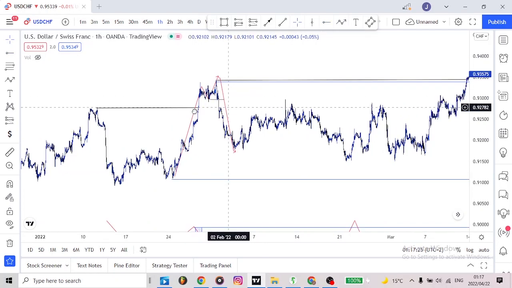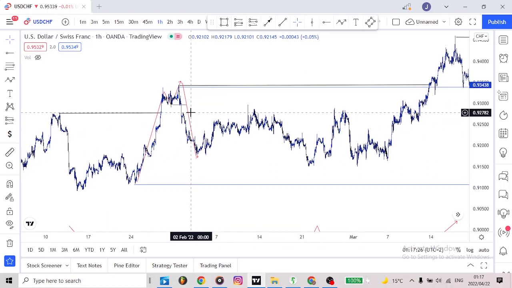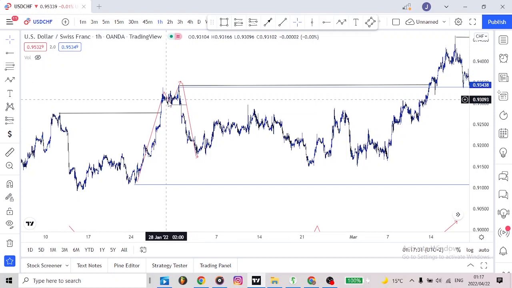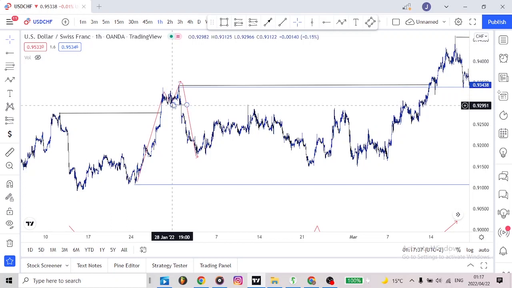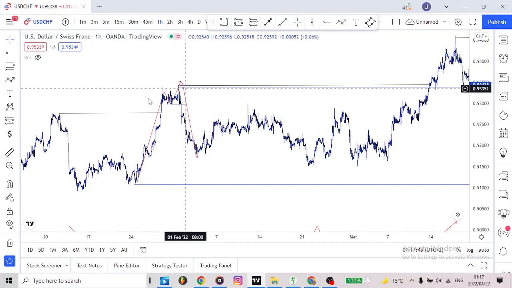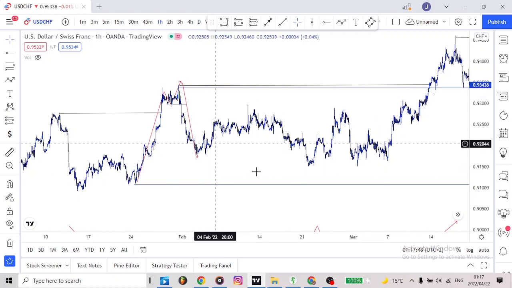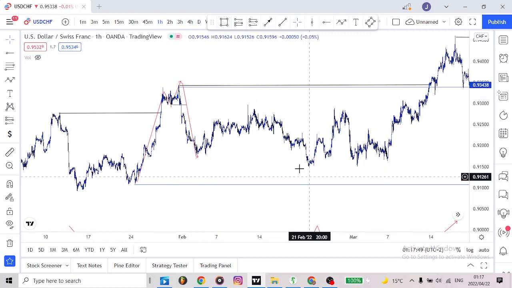So we expect now, this part over here will be our shallow pullback. Even though this pullback did take out this part of structure here, to me it's still a shallow pullback. And after a shallow pullback, there's usually a deep pullback back into the zone, and then continuation of the trend.